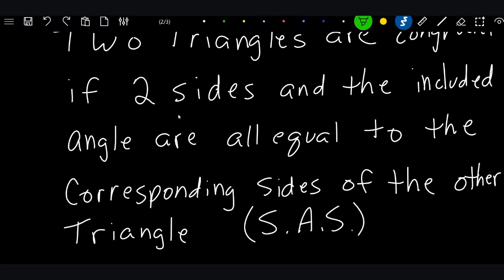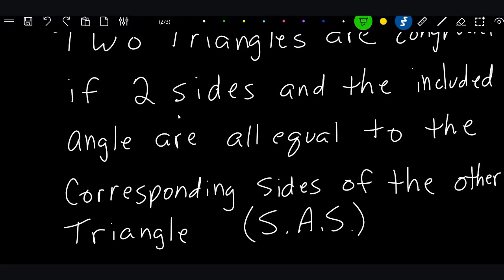Not the angle away from the sides, but the angle that's included between the two sides, the connecting angle. If those three things are equal, so triangle ABC and triangle DEF have those equal parts, then this theorem says that they are congruent. We can use the initials abbreviation side, angle, side, SAS.